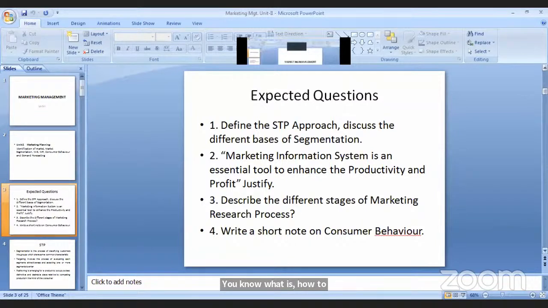So it is your duty to manage the words according to the marks. If it is 12 marks, the description is about 1200 words. If the question asks for 8 marks, synchronize your answer within 800 words. If it is a 5 marks question, synchronize your answer within 500 words. So it is your duty.